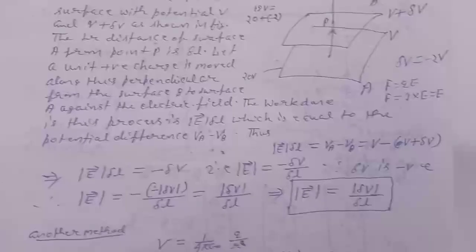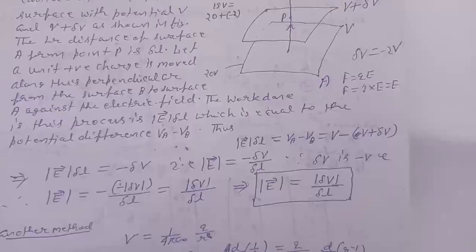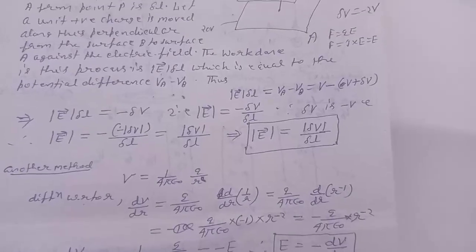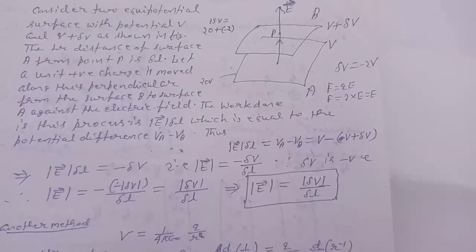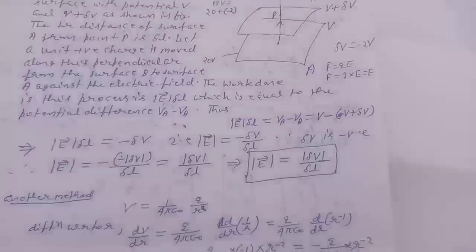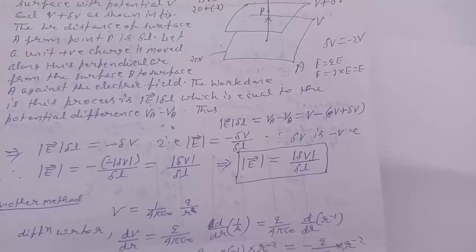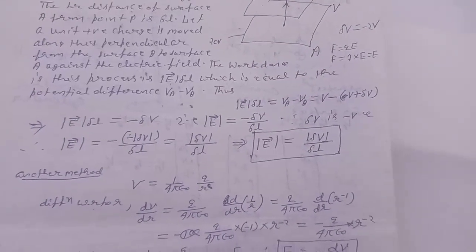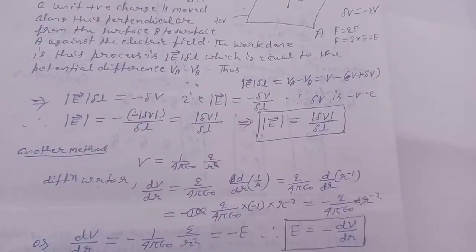The work done in this process is mod E into delta L, which equals the potential difference VA minus VB. Thus, mod E into delta L equals VA minus VB equals V minus (V plus delta V). This implies mod E into delta L equals minus delta V, that is, mod E equals minus delta V by delta L. Since delta V is negative, mod E equals mod of delta V by delta L.